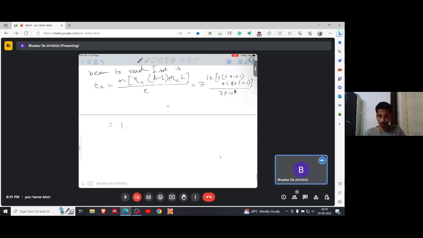So after calculating these values, we will have 1.9 into 10 to the power minus 8 seconds, which is 90 nanoseconds.